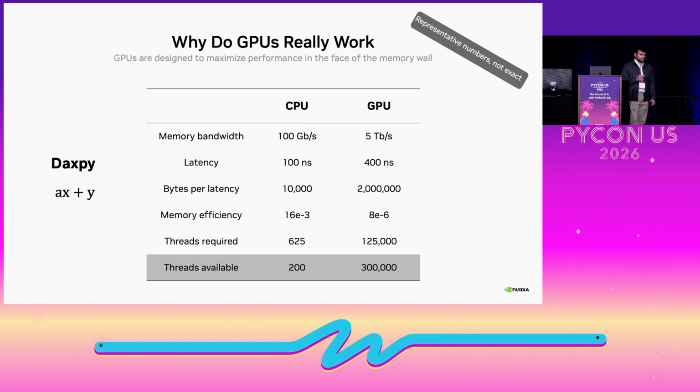Again, I think a Blackwell has 312,000 or something. So if that's the maximum hardware limit, all of a sudden you can see why that high throughput choice matters. You can funnel huge amounts of data to your GPU and then just feed it to huge amounts of threads to compute on all of this in parallel. So instead of just doing 1 DAXPY at once, or even 200, you can do 300,000 of these, right?